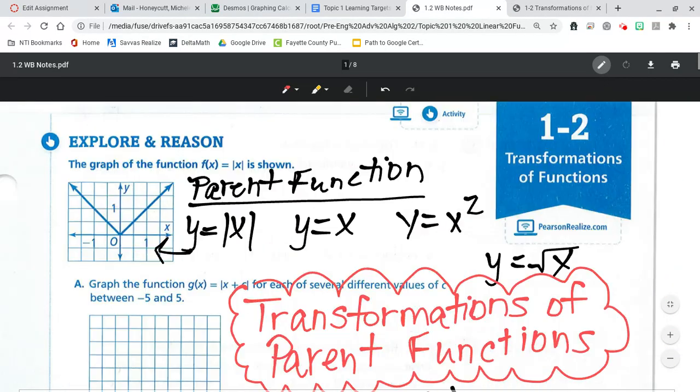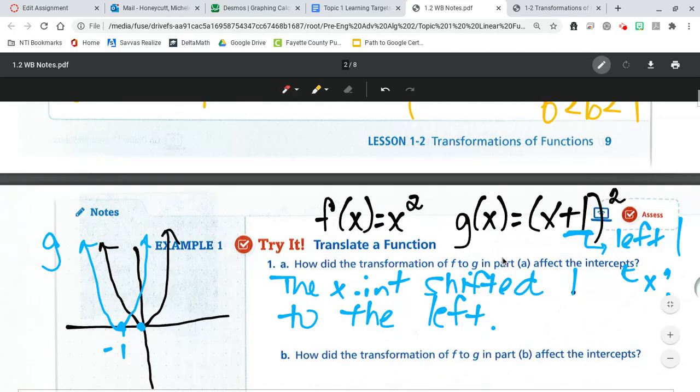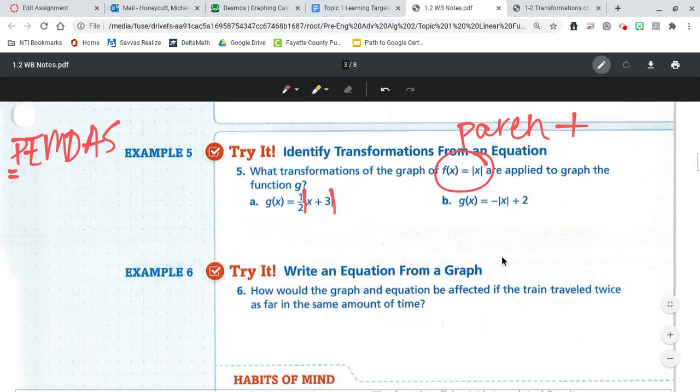If I look back up here, adding a number inside a grouping symbol means you're going left, however many that is. Right here, I added 3 inside the grouping symbol, so that means I'm going left 3. Then the next thing that happened is that the entire function got multiplied by 1/2.